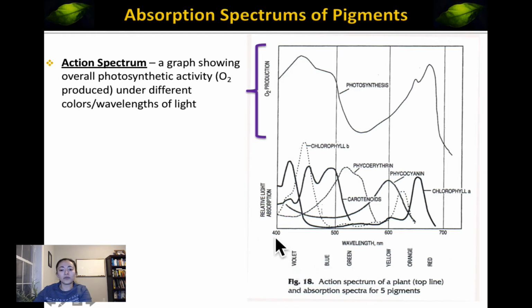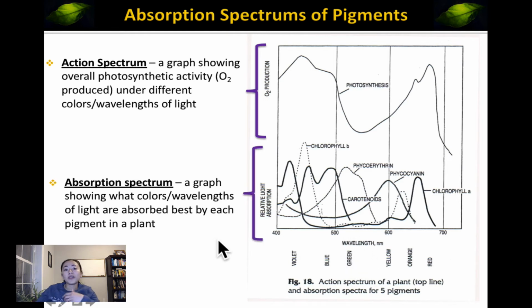You can see the different wavelengths of light written here at the top, and their associated color written below that. Here we can see that most oxygen production in plants occurs around violet light, and around the reddish wavelengths of light. But the least amount of oxygen is produced under green wavelengths of light.